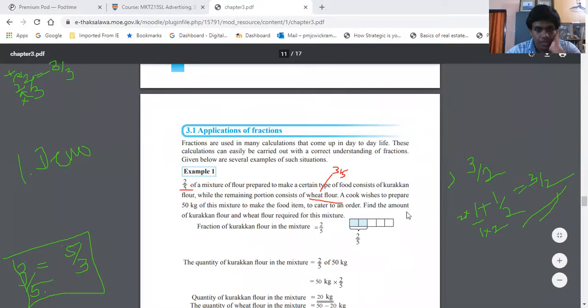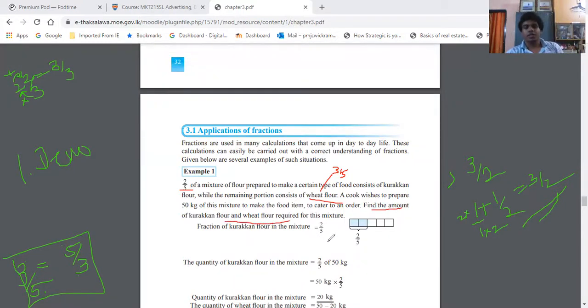2/5. You find the amount of both. Question: find the amount of Kurakan flour and wheat flour required for this mixture. So 2/5 of 50 kilograms will give you 20. What they have done is they have checked only one. They have found the Kurakan flour in the mixture. 2/5 of the mixture consists of Kurakan, so they have checked 2/5 of 50 kilograms, because 50 kilograms is the mixture they are going to make for the catering.